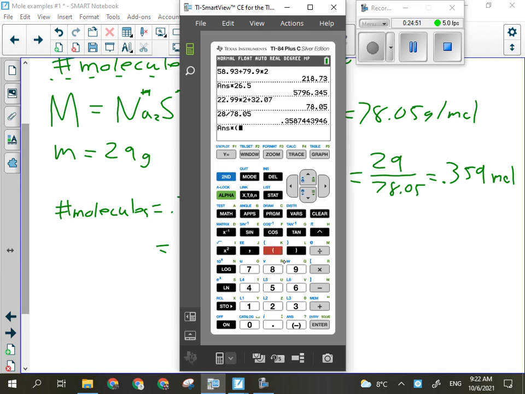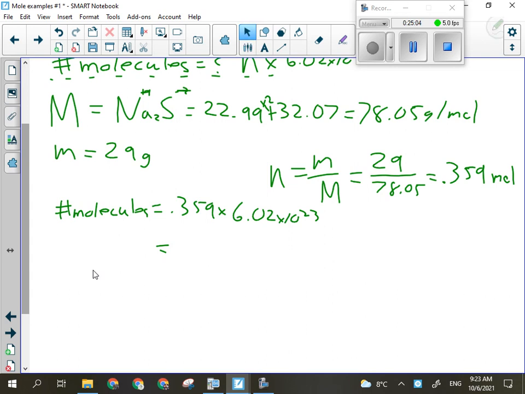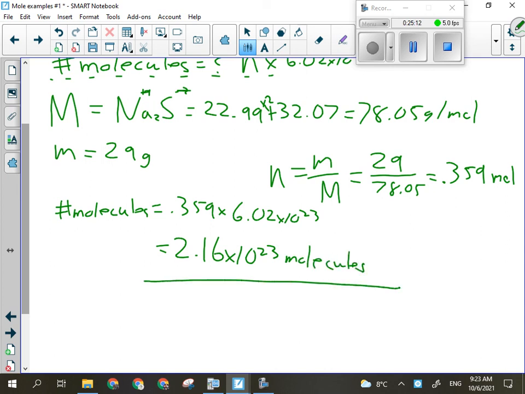And remember, that's got to be in brackets. E23. All right, so we're looking at 2.16 times 10 to the 23 molecules for that one.